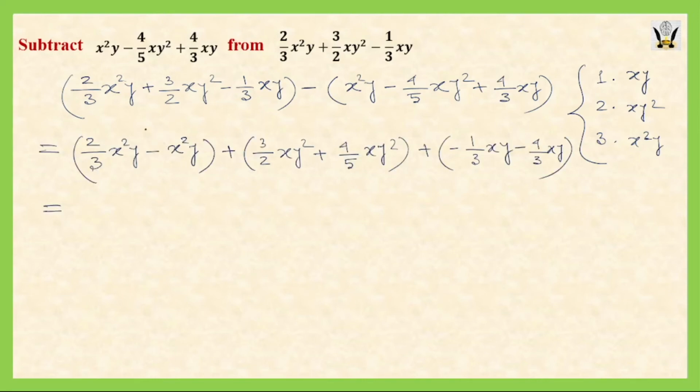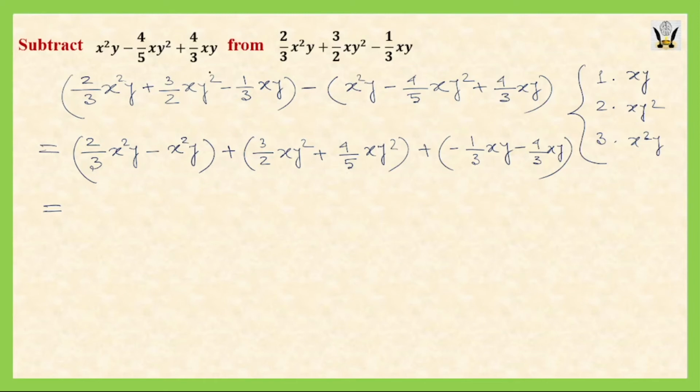Now here what we have done, 2/3 x square y first we have written, and then we have another x square y term whose coefficient is 1, and since we are subtracting, here we have a minus sign. So finally we have taken that term as negative, so here we have written minus x square y.